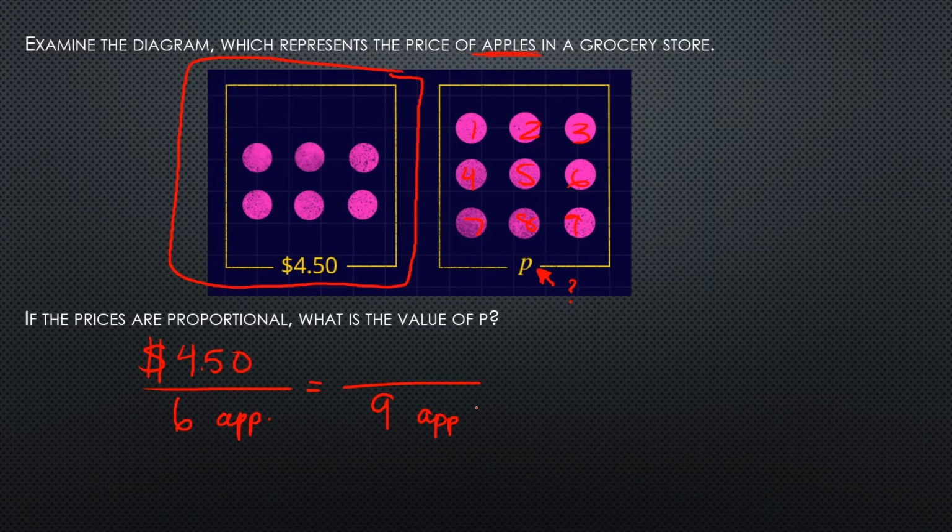You can either do a proportion like this, or you can find the unit rate given this side over here, and then just multiply it by 9. I am going to find the price of one apple because I think that's easier, because there's not a clear number to multiply 6 times to get to my 9. So I'm going to find my unit rate.